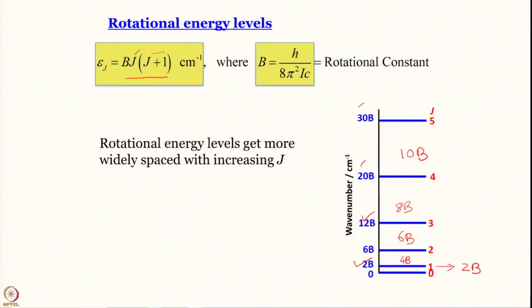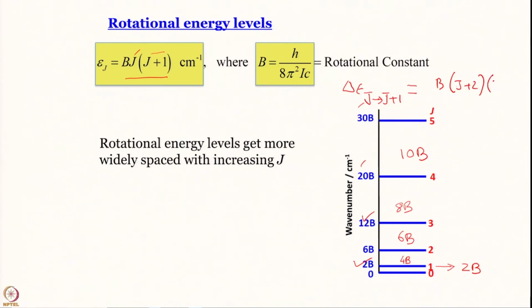Okay. Not very difficult to work out really, right, because what I am trying to work out is delta epsilon for, since I am a spectroscopist I always write in terms of spectroscopy, J to J plus 1 transition, that turns out to be equal to what? You can work it out, B into, instead of J I will write J plus 2.